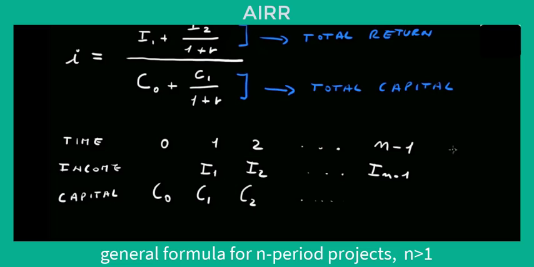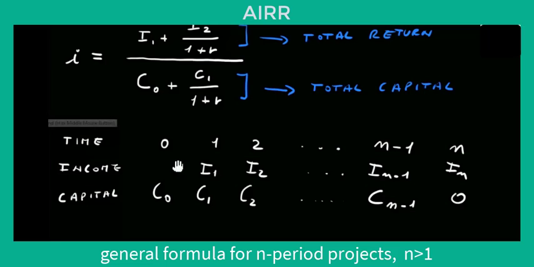Now let's add the time n, so we have the last capital that is invested at the beginning of the last period at time n minus 1. The capital invested at time n is 0 because the project is over.